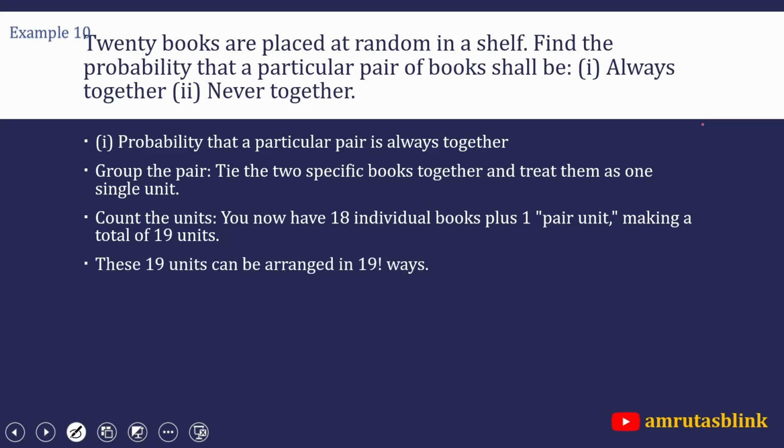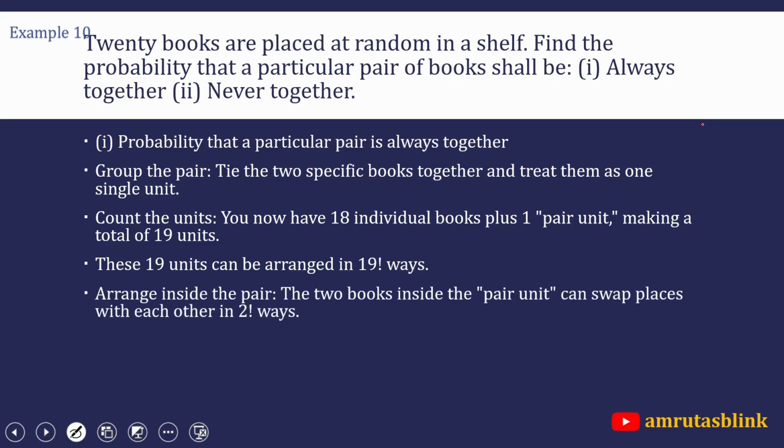Now these 19 units can be arranged in 19 factorial ways, but the 2 books which we had considered as one pair can also interchange their positions, and hence these 2 books inside that pair unit can swap places. So they can also be arranged in 2 factorial ways, that is 2.